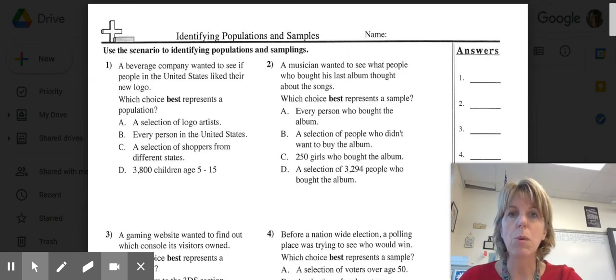So each person in the population needs to have an equal chance of being represented. If I'm doing, for example, an observational survey, and we'll talk more about those in a second, of hair color of students at Westfield High School, and I sit outside the green hallway and I watch as people walk by, I just tally how many people I see with blonde hair and black hair and brown hair and red hair.